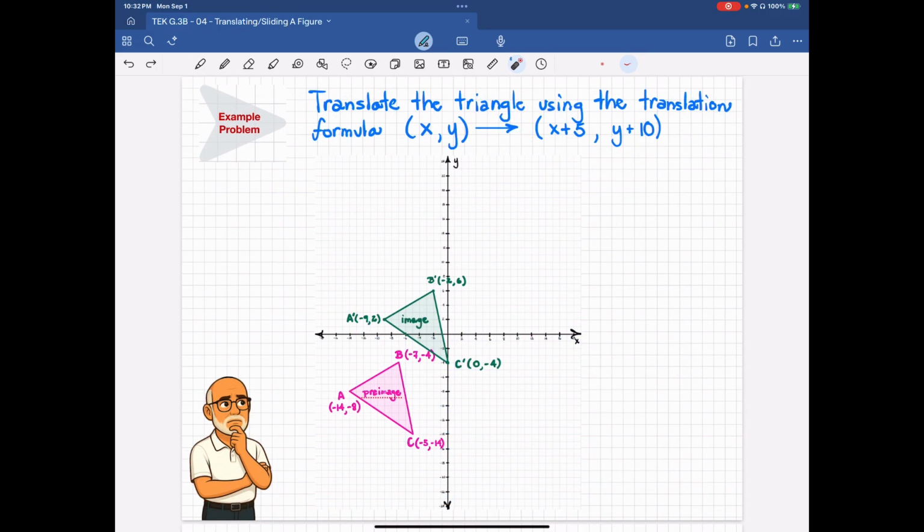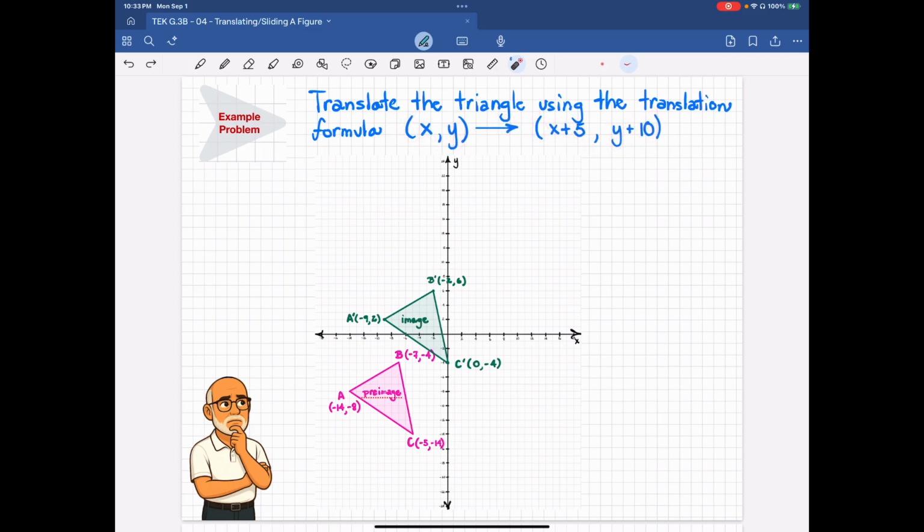Let's work together on a practice problem. The instructions read, translate the triangle using the translation formula of xy is mapped onto x plus 5, y plus 10.